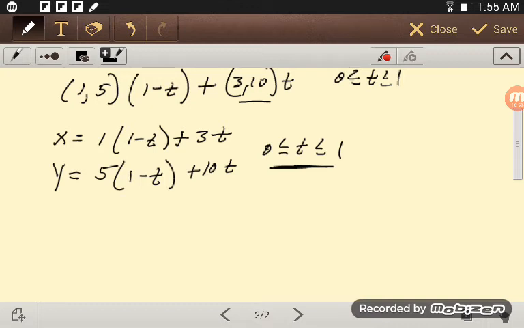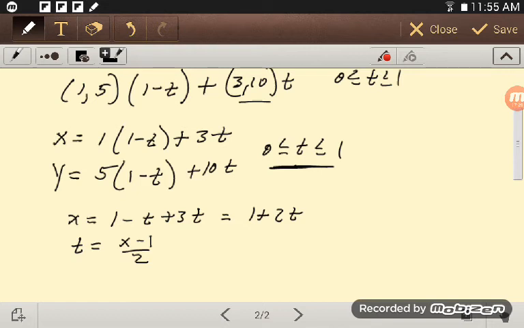Well, so how do you check that? Well, you have to go and solve for t in one of these. So if I do that, I have that x is equal to 1 minus t plus 3t, but that's just 1 plus 2t. So x is 1 plus 2t, subtract 1 and divide by 2, and I get that t equals (x minus 1) over 2.